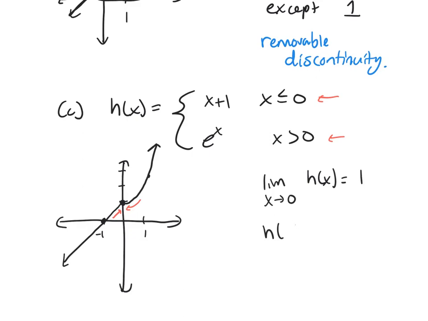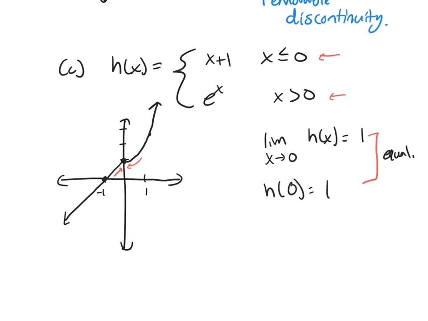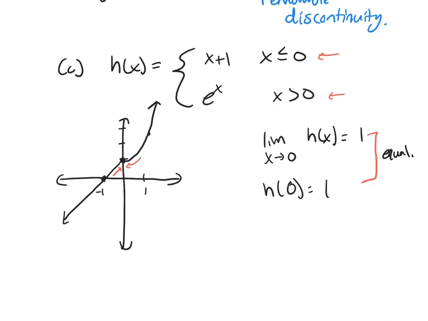H of 0, if I plug in 0 into my function, I get 1. And look there, these two are equal, and that's exactly what it means to be continuous. So our function is continuous at x equals 0. So that means it's going to be continuous everywhere, i.e., it's continuous on the interval -infinity to infinity.